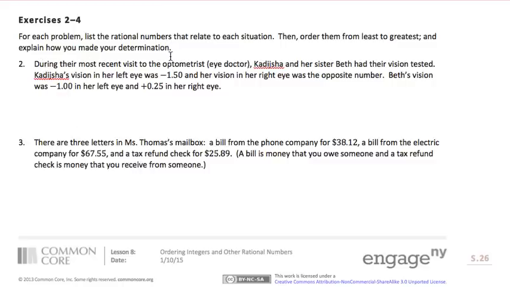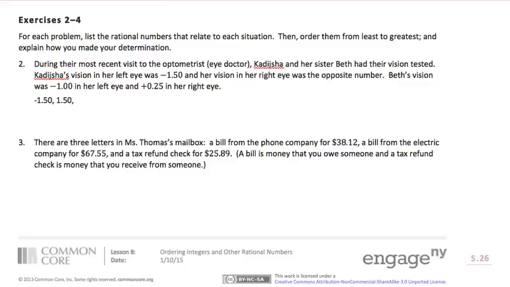Exercise 2 talks about a visit to the optometrist, which is an eye doctor. Kadisha and her sister Beth had their vision tested. Kadisha's vision in her left eye was negative 1 and 50 hundredths, and in her right eye was the opposite number. Okay, so we have negative 1 and 50 hundredths. The opposite of negative 1 and 50 hundredths is positive 1 and 50 hundredths.